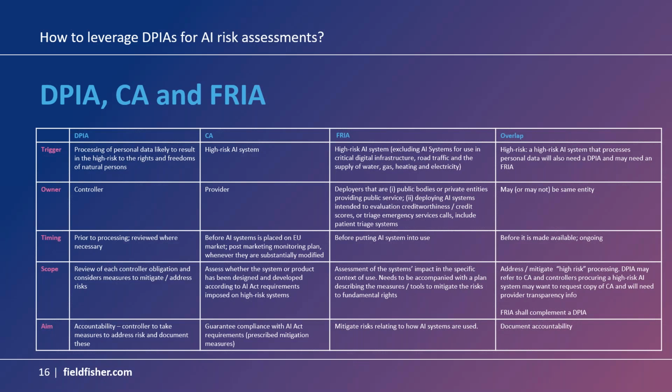So for example, all of these assessments are triggered by activities deemed to be high risk by the respective regulations. Also, in terms of timings, these assessments all need to be completed before go live. So in practice, this means before the processing of personal data under the GDPR or before the AI system is made available under the AI Act.